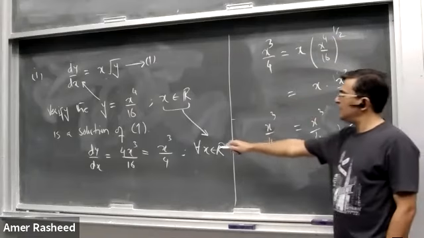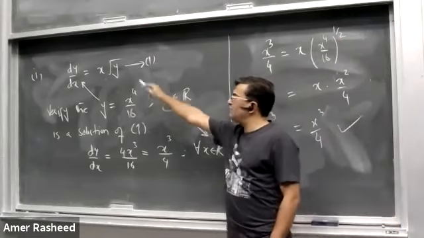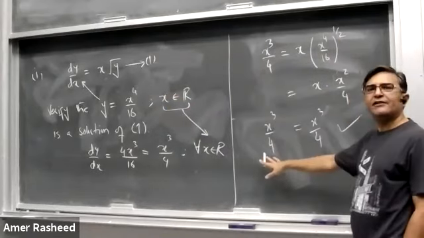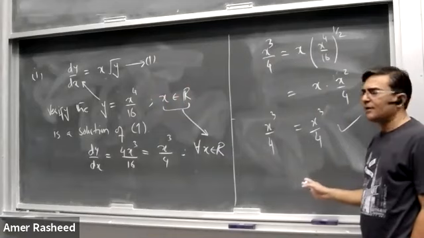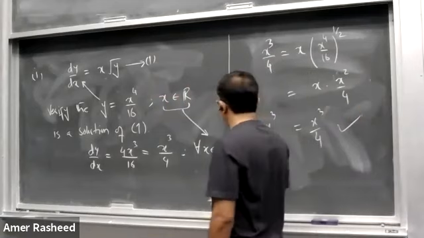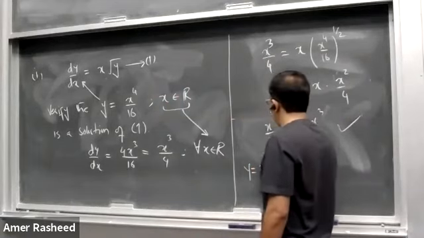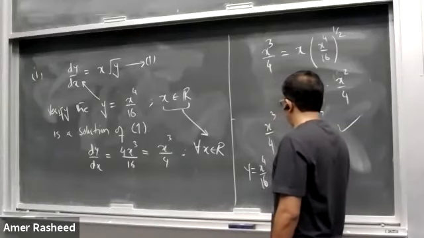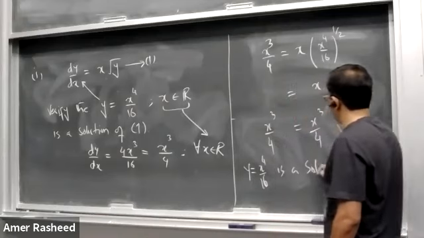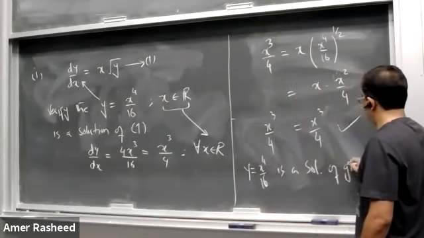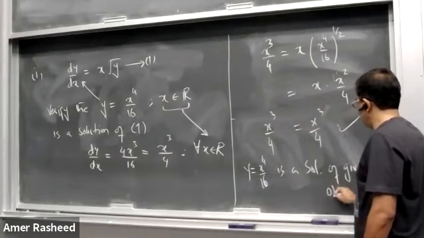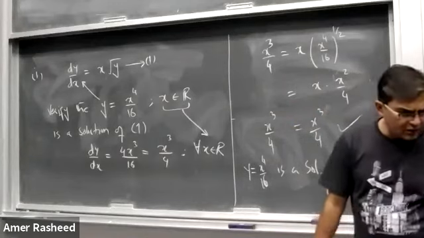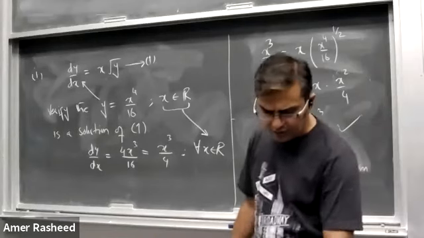So this function has turned that equation into an identity. Identity means left hand side is equal to right hand side. Therefore, y is equal to x power 4 over 16 is a solution of the given ODE. I hope you get it. If you have any question, you can ask them.